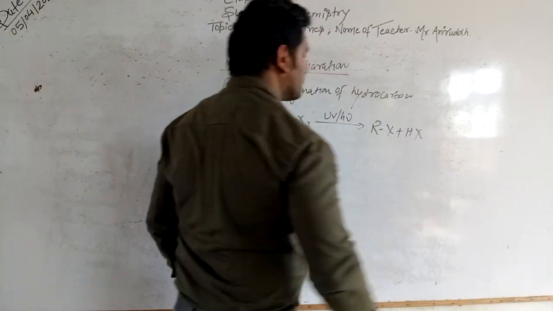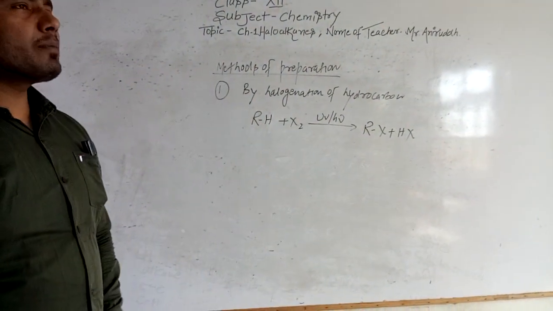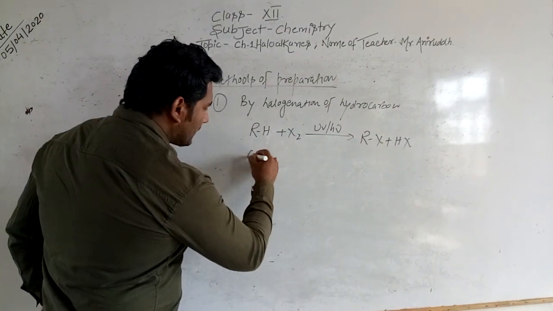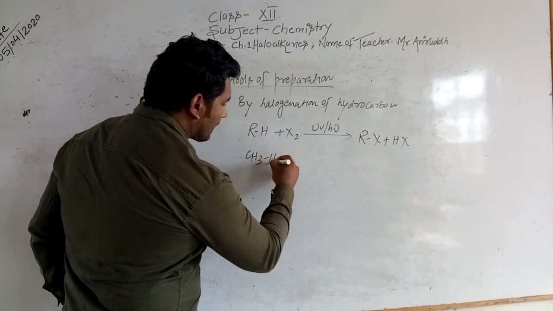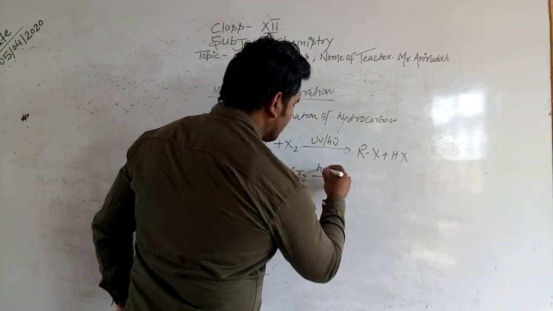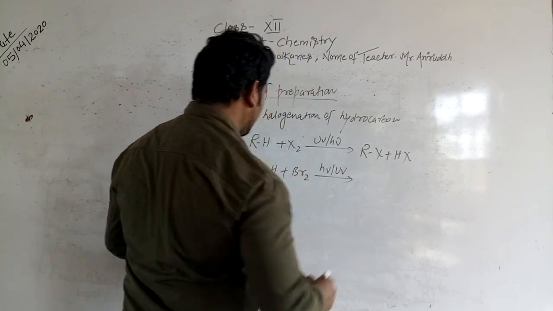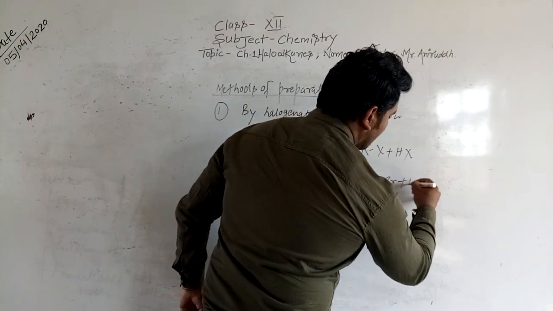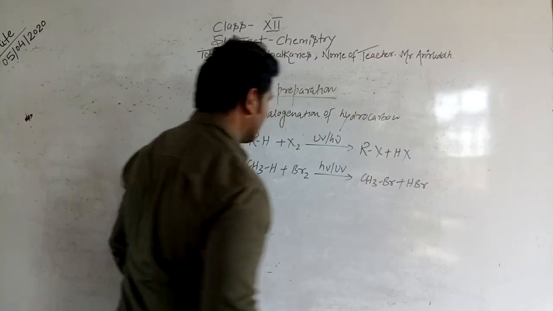is formed. Suppose we have to make a higher molecular mass alkane, then what to do? We take CH3-H with Br2 in the presence of UV light or heat. What will happen? We obtain CH3Br plus HBr.